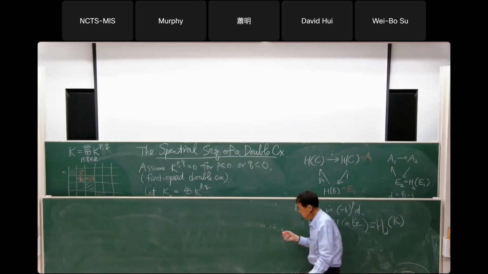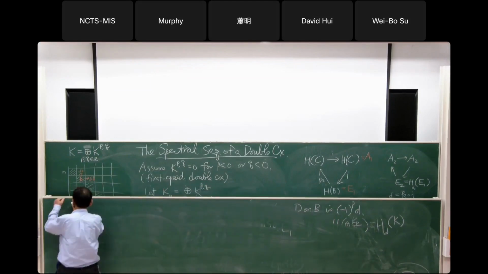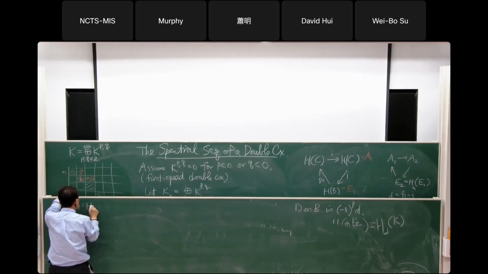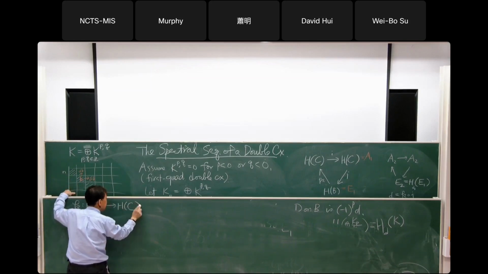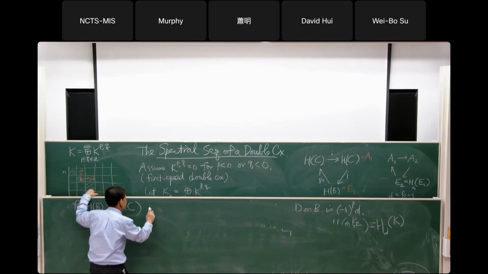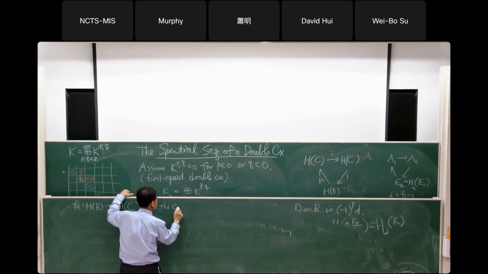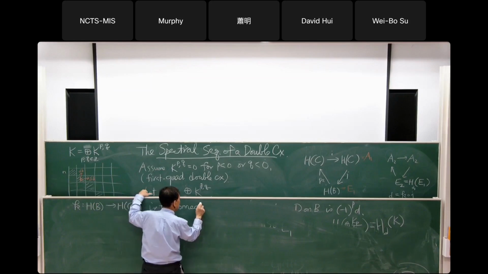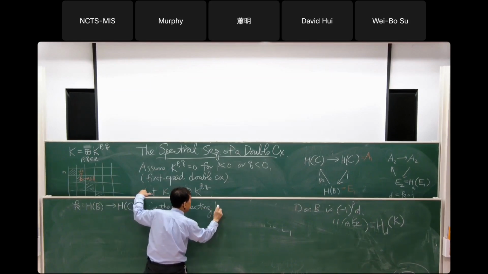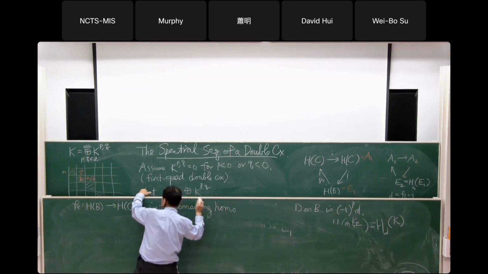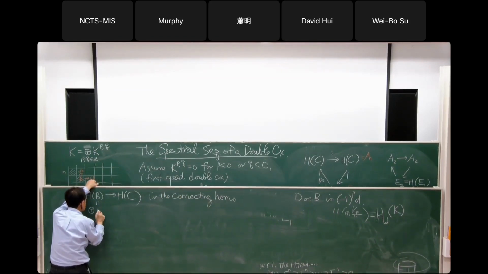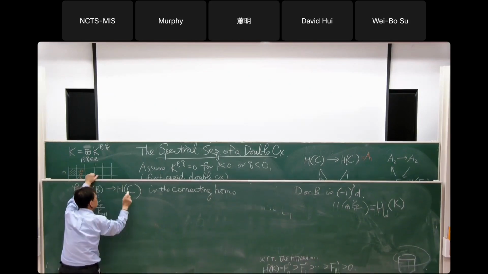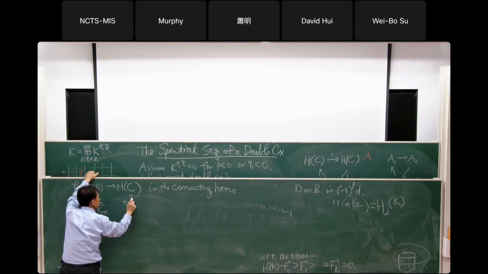So K from H of B to H of C is the connecting homomorphism in the long exact sequence, and B is this, C is this.